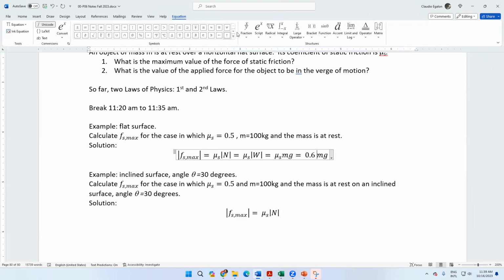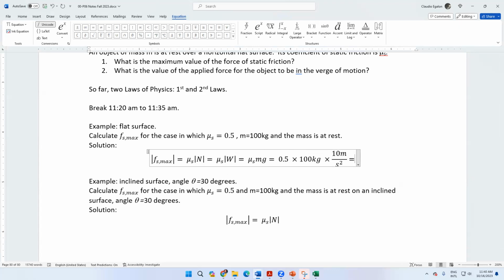M is 100 kilograms, right? And g is 10 meters per second squared. Here's half. So what we end up getting is 500 newtons.